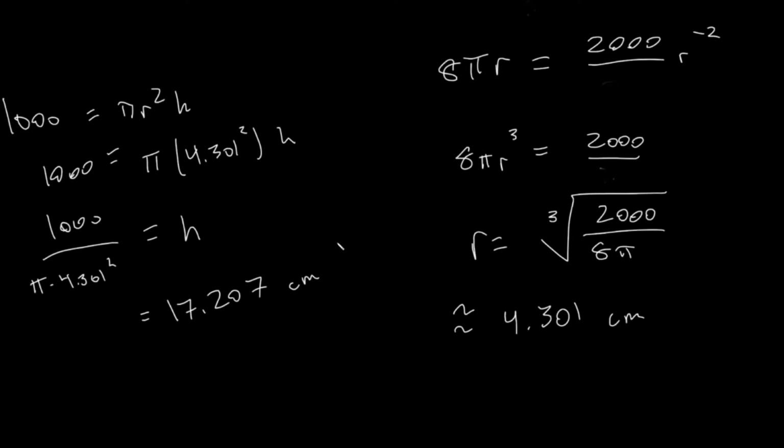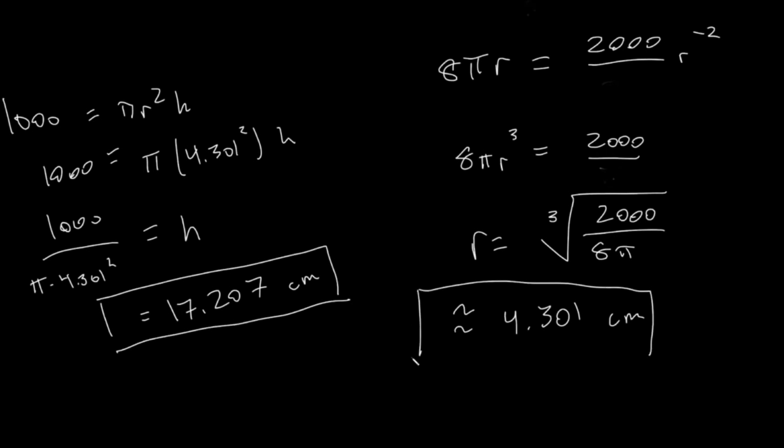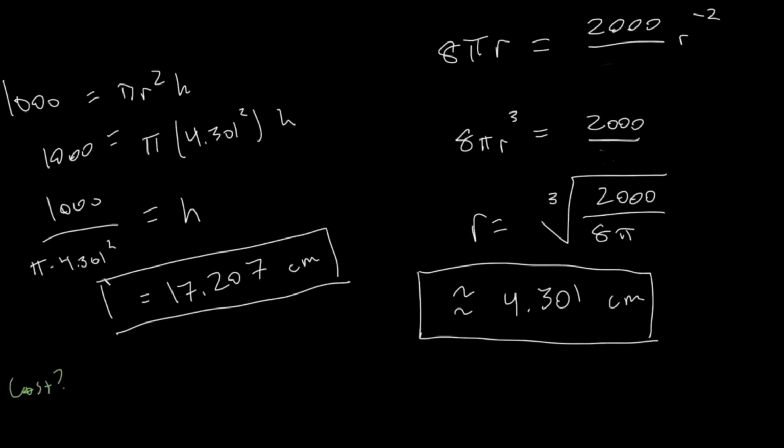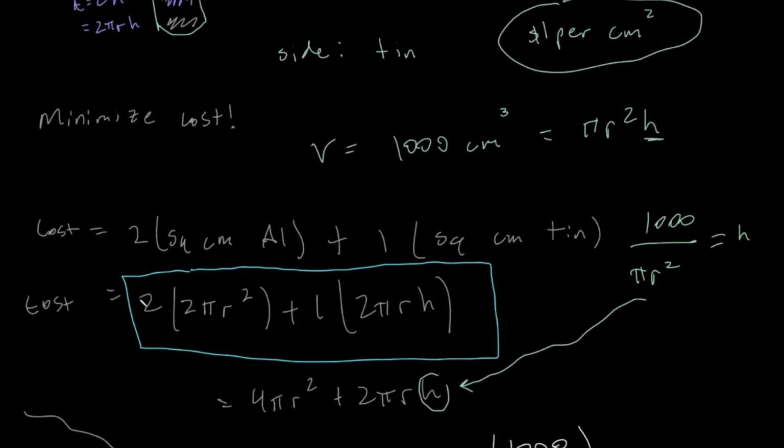Now, these are the dimensions necessary, but the problem also might ask, what is the final cost of this cylinder? So let's talk about that. We can go back up to our cost function. We actually have multiple cost functions.